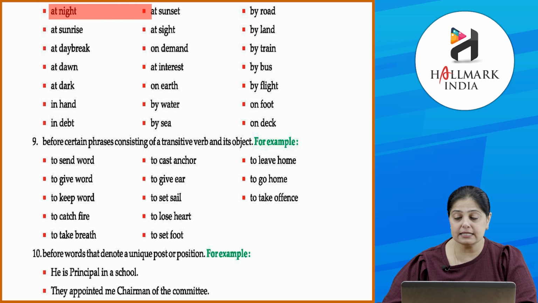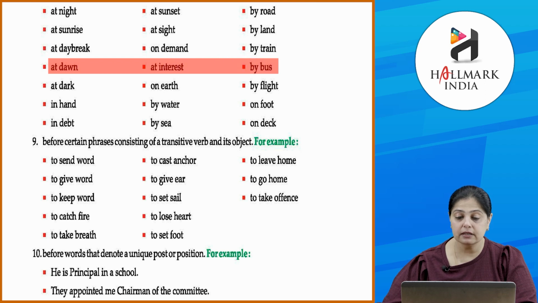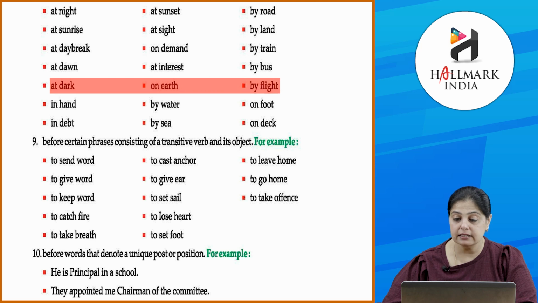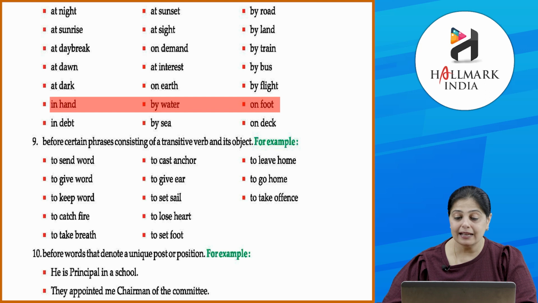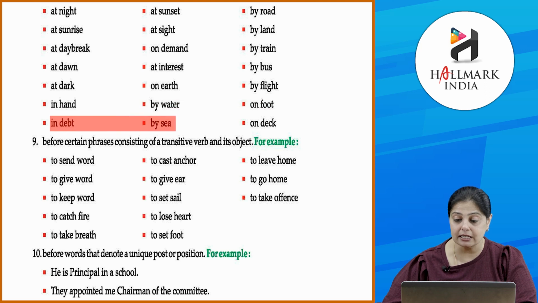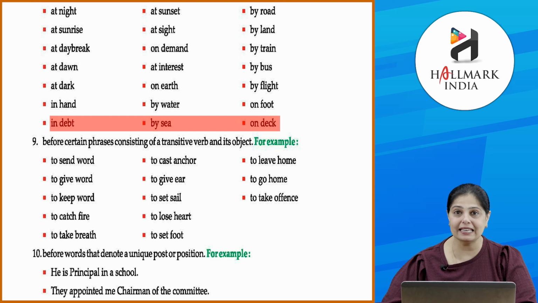At night, at sunset, by road, at sunrise, at sight, by land, at daybreak, on demand, by train, at dawn, at interest, by bus, at dark, on earth, by flight, in hand, by water, on foot, in debt, by sea, on deck. Okay? चलो next देखते हैं.